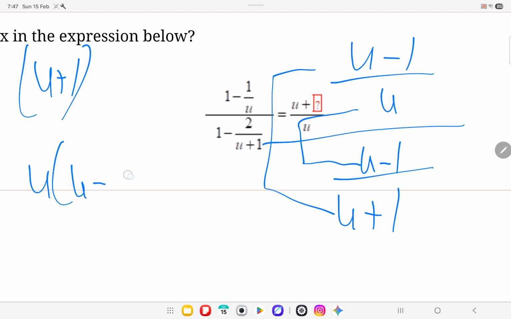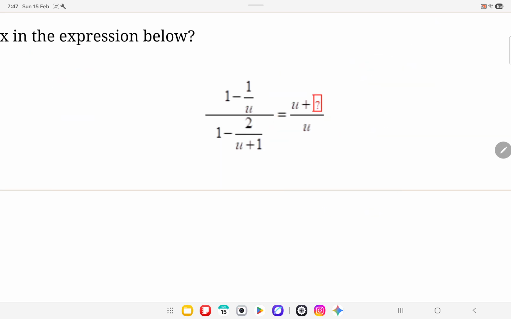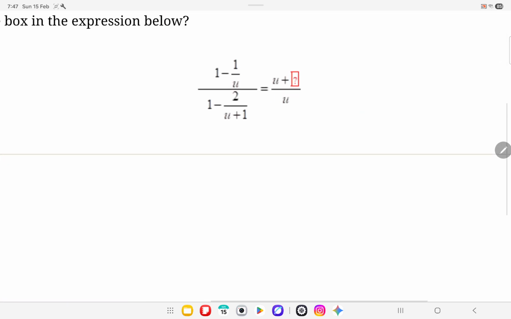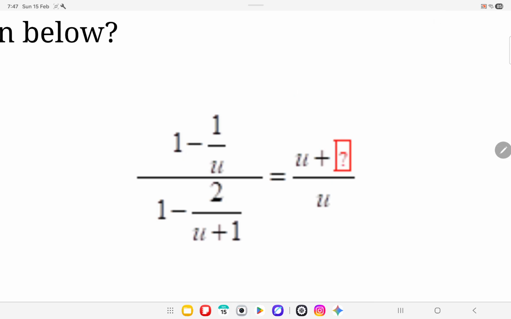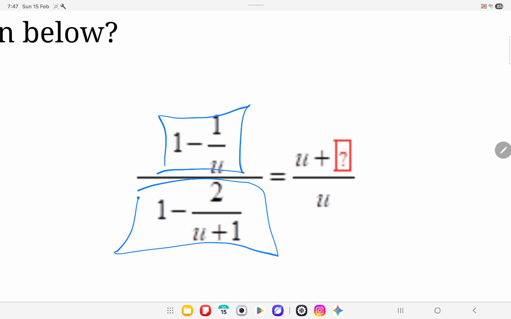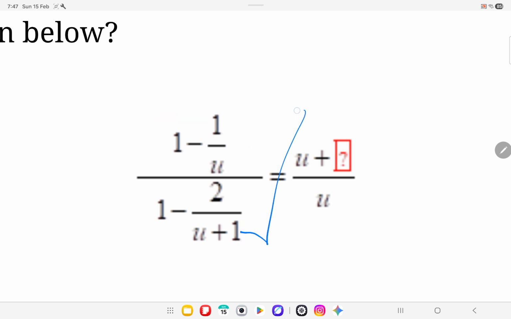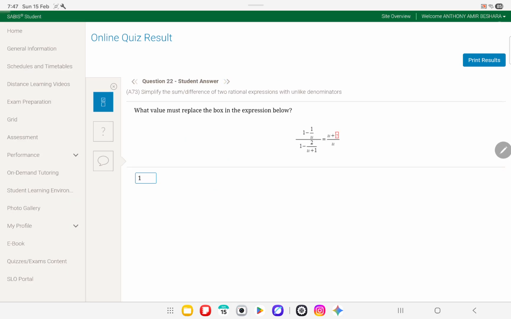It will just be u plus 1 over u. So here we're missing the question mark, which is just 1. That's it. So what we did again, we made the same denominator, we minused, and then we did farthest times farthest and closest times closest, and we got 1.